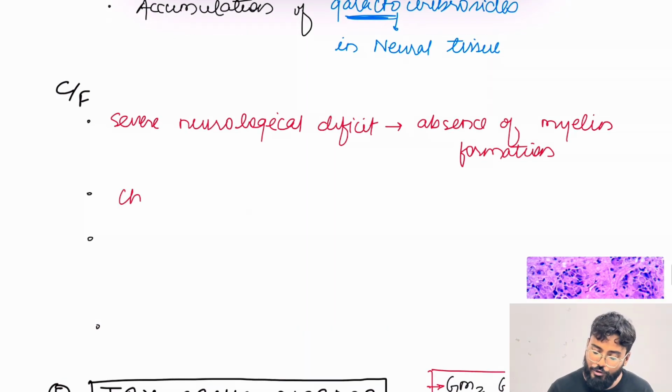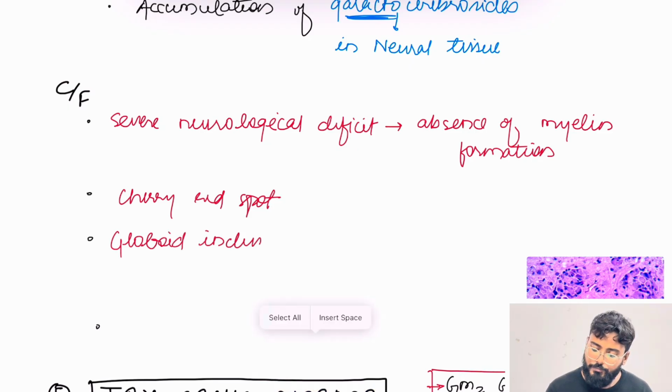You are also going to see cherry red spot, and you are going to see globoid inclusion, that is your enlarged macrophages.